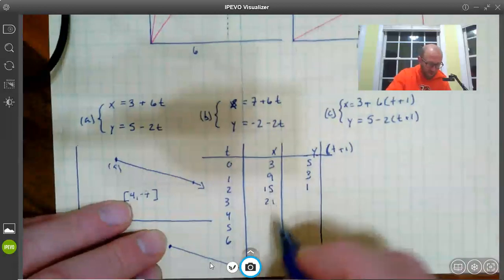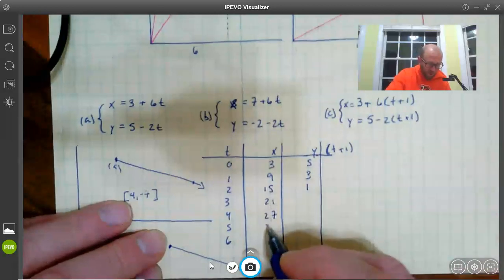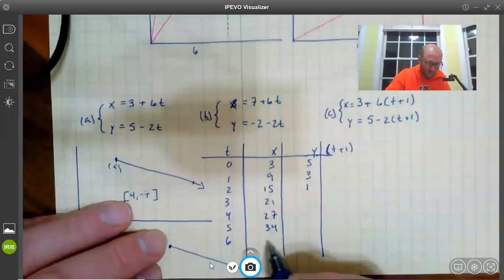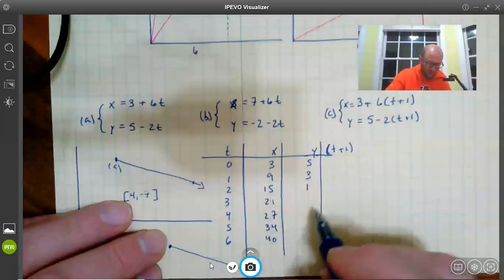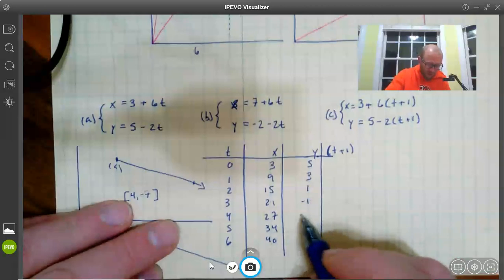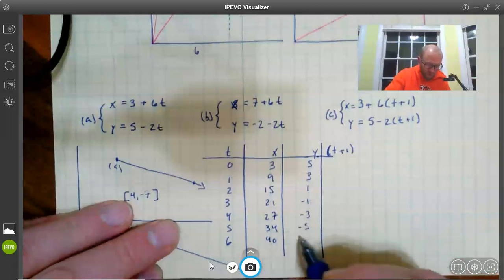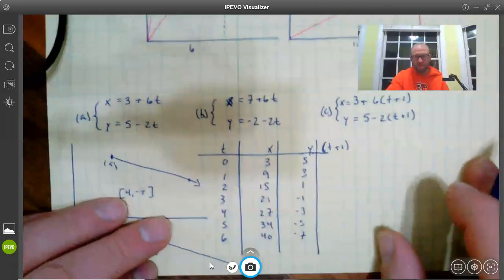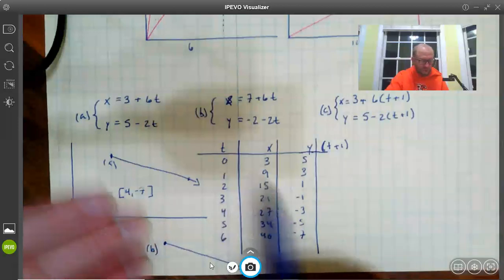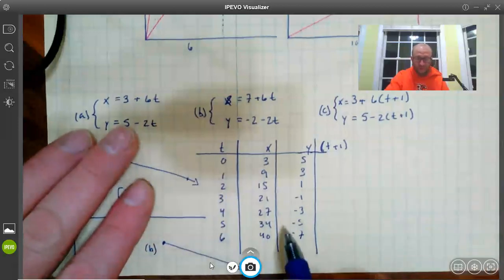So it's 21, 27, 33, and 39, and we keep subtracting 2, so it's negative 1, negative 3, negative 5, negative 7. So here's where the first rule is at any given time.